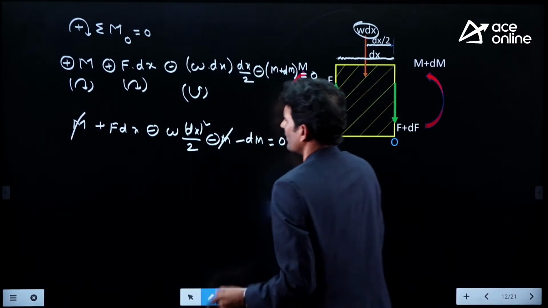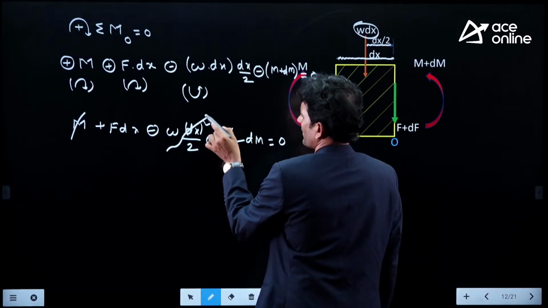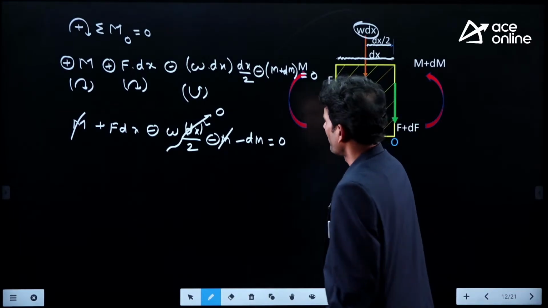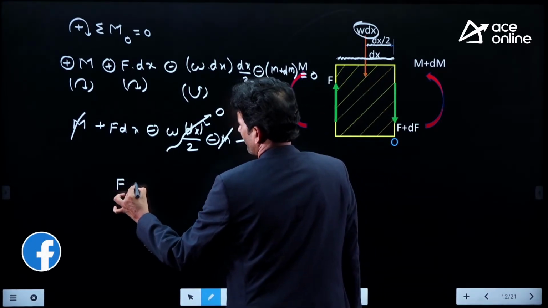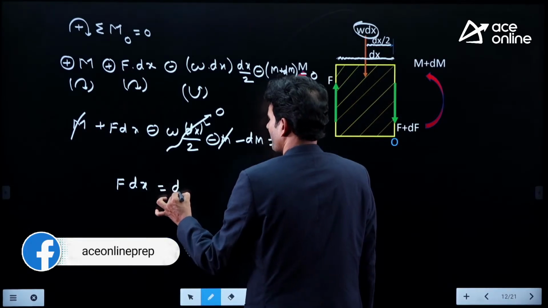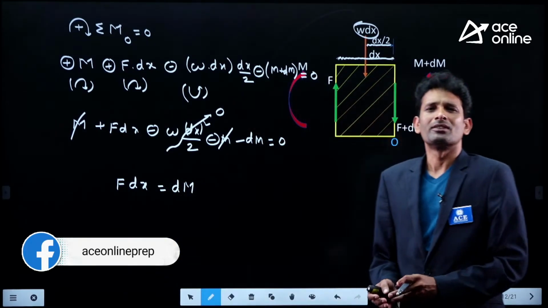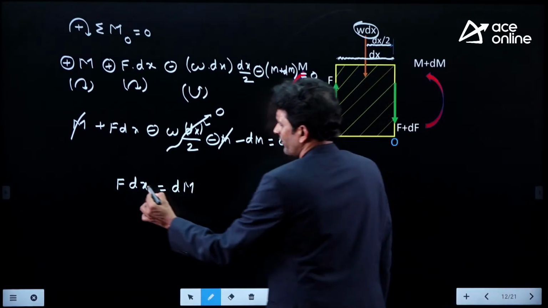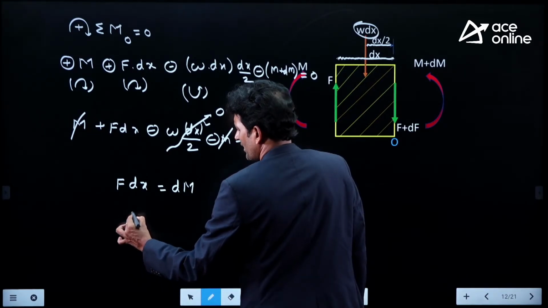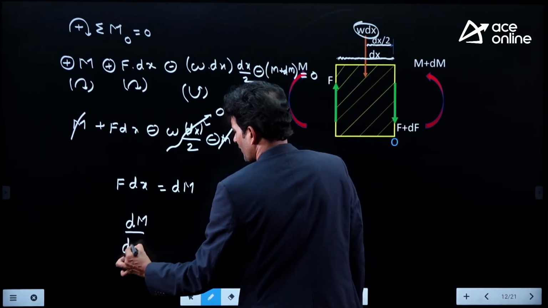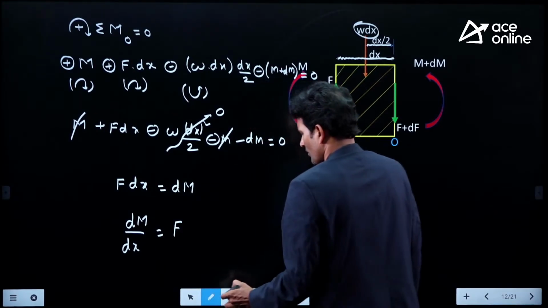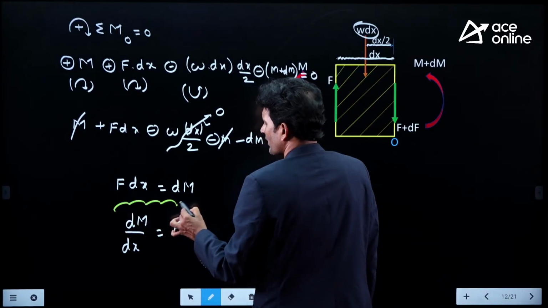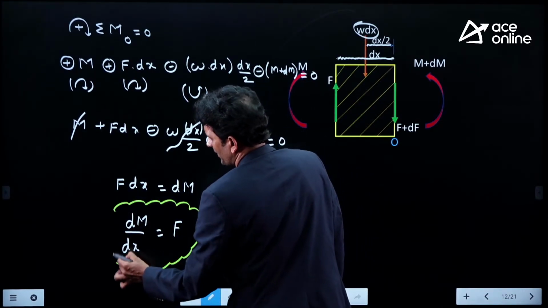M is getting cancelled. Yes, when we are doing the mathematical analysis, small quantities of higher order we can keep as 0. Then what is our observation, my dear friend? F dx equal to dM. What is dM? dM is the change in bending moment between any two sections. Now if I bring this dx to this side, dM divided by dx should be equal to F. So from the moment equilibrium equation, we are having the relation between shear force and bending moment.